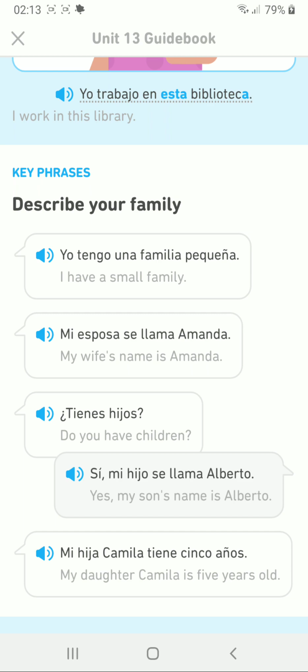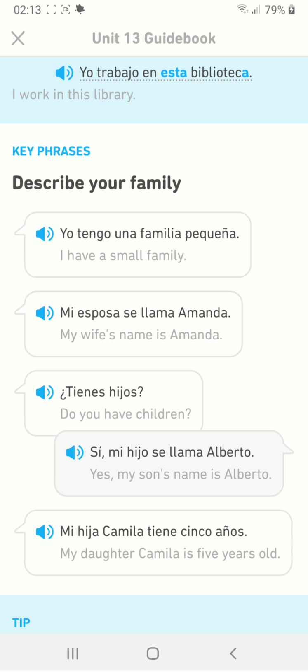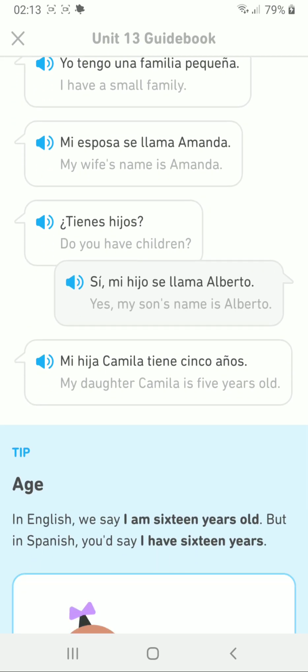Well, of course, when we talk about names, there are different ways of saying it. So you can say mi hijo se llama, or el nombre de mi hijo es Alberto. Mi nombre es Gerard, but I can say me llamo Gerard. It's more direct, more simple.